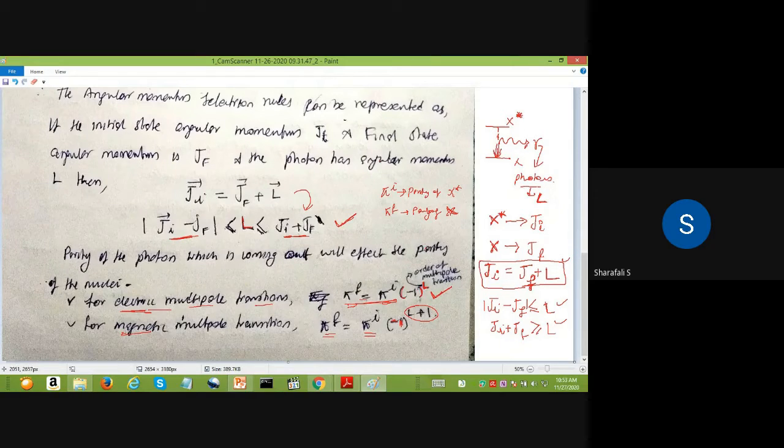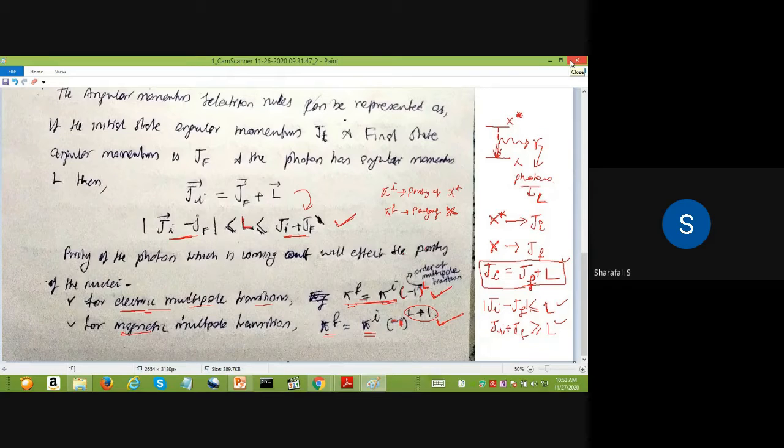If it follows the second condition, then we can say that the electromagnetic radiation coming out is produced from a magnetic multipole transition. So some magnetic multipole is oscillating, and that produces that kind of gamma radiation. Okay, so that is about the parity.